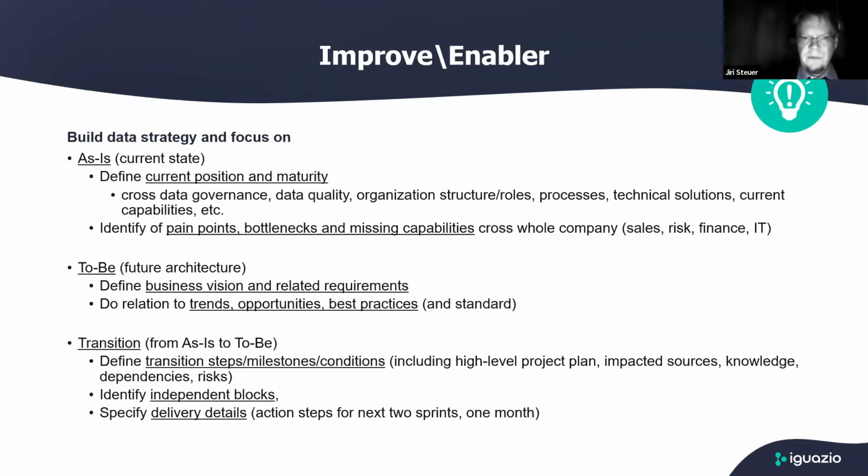We define for a future state relation to the business vision and requirements, and relation to the trends, opportunities, and best practices. Finally, we describe transition way. It means the steps for delivery with milestones and conditions. This first step, access to the data, is practically an enabler for delivery of the next steps. Next slide, please.